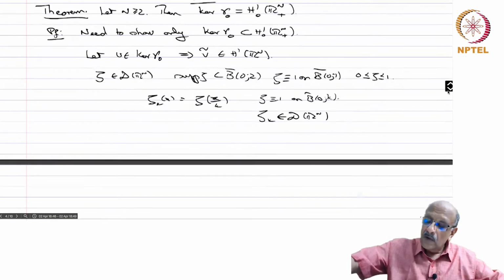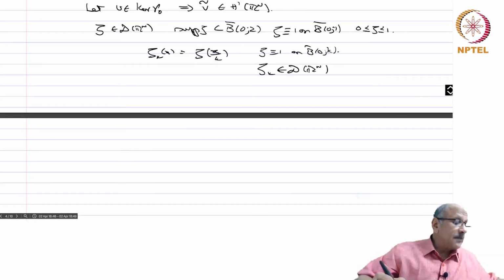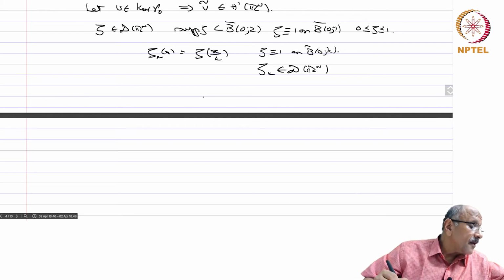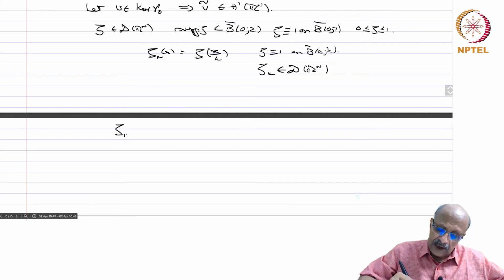Now we have seen this again many times: zeta k V tilde converges to V tilde in H1 of Rn.